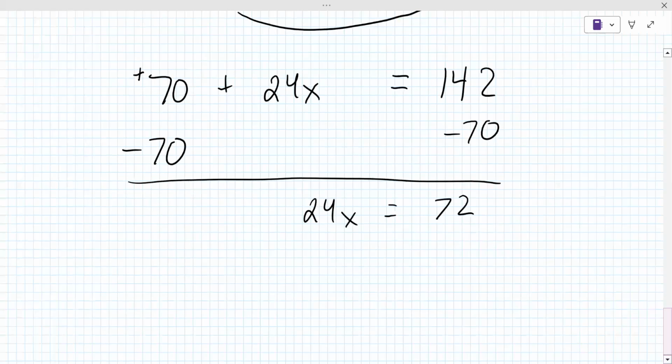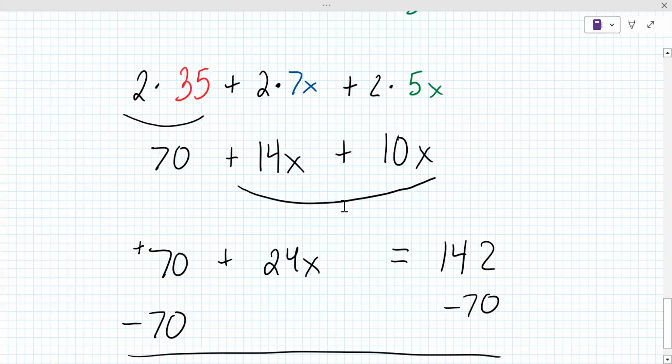And then, well, let's look at this. What's the math operation between the 24 and the X? Can you go back up? I need to write that thing down. Okay.